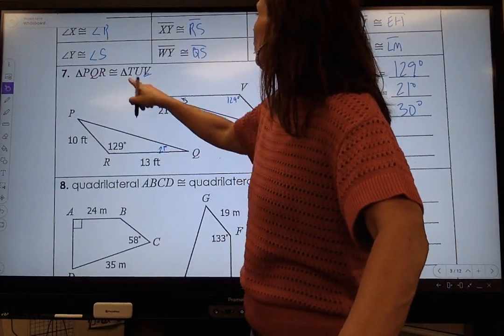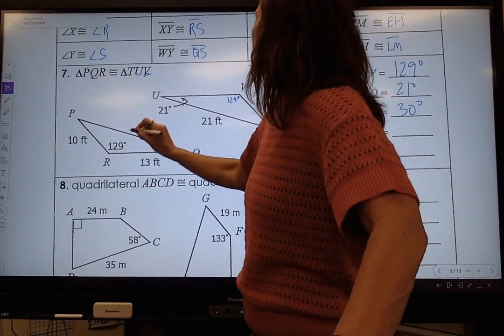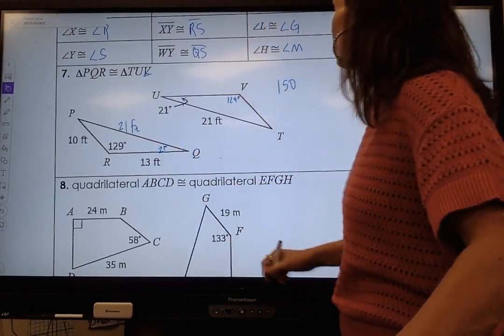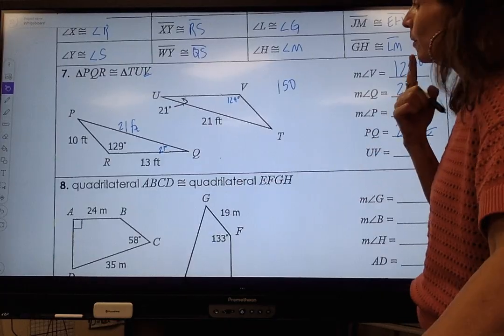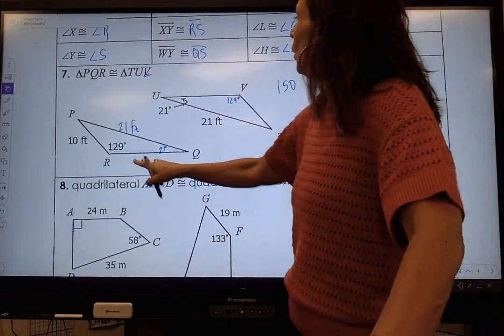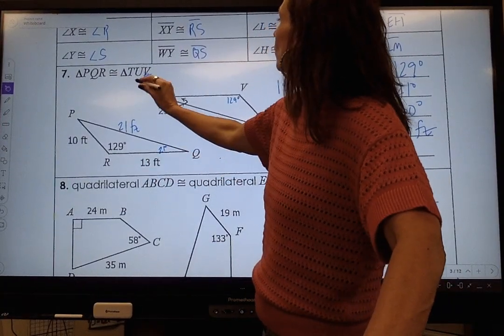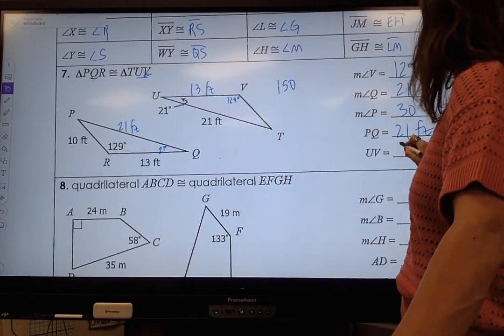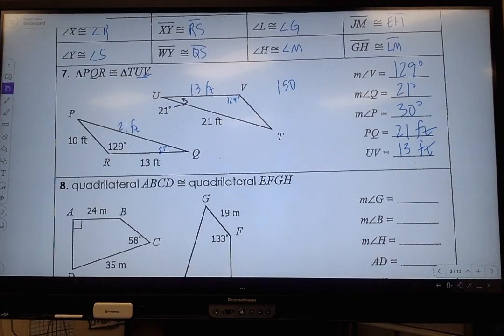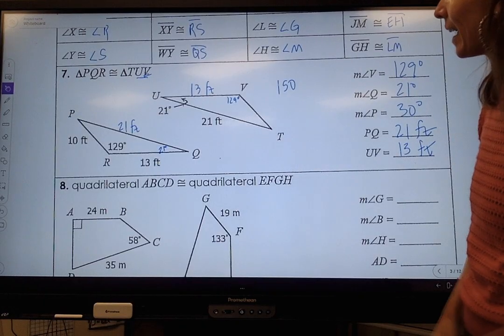PQ is congruent to TU, and TU is 21 feet, so I know that PQ is going to be 21 feet. Make sure you have the unit measurements in there. And RQ is going to be congruent to UV, which is 13 feet. So UV is 13 feet. So that's how you figured that out.